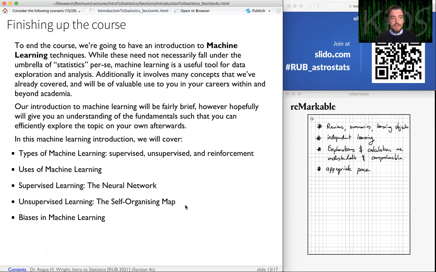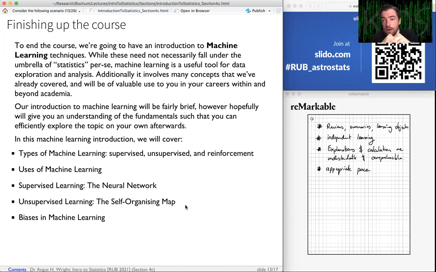So I have a handful of slides here about machine learning, and they're not super complicated. They're not super deep. They're designed to give you an indication or a series of ideas of things to look into, plus some demonstrations of what you can and can't do with machine learning, and some warnings.